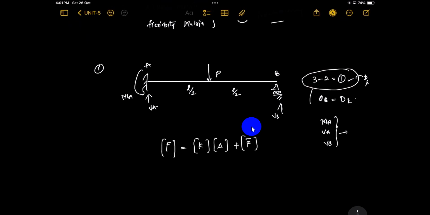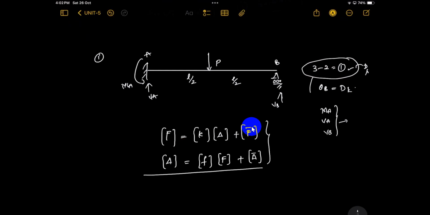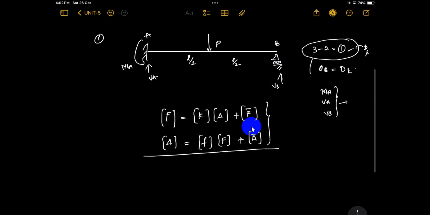So in the same way, what is the flexibility matrix equation? Final displacements is equal to the flexibility matrix multiplied with the force matrix plus free displacements. These are the two. Are you understood? You know it.